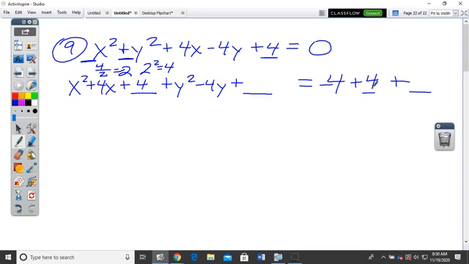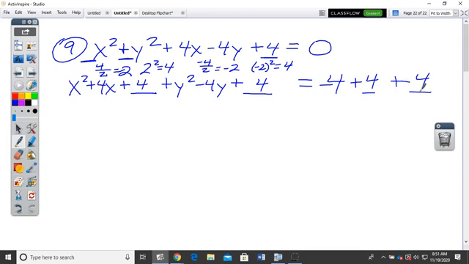Okay? I do the exact same thing for the y, only this time it's what? Negative 4. So I'm going to get a negative 2 this time, but negative 2 squared is still what? It's still 4. Don't ever add a negative to your blanks. Okay? It should always be positive because what you're doing to get them is squaring something, and no matter if it's negative or positive, it should always become positive. Everybody got me? Okay?